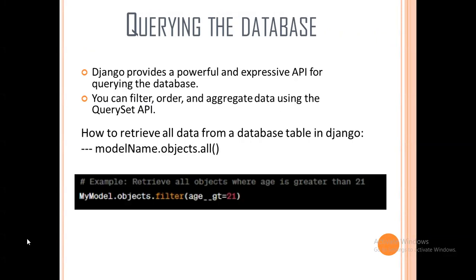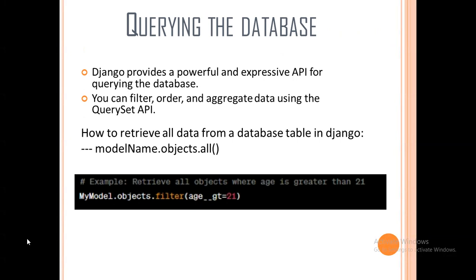Now let's talk about querying the database. Django provides a powerful and expressive API for querying the database. You can filter, order, and aggregate data using the QuerySet API, which we'll look more into in the next video session.